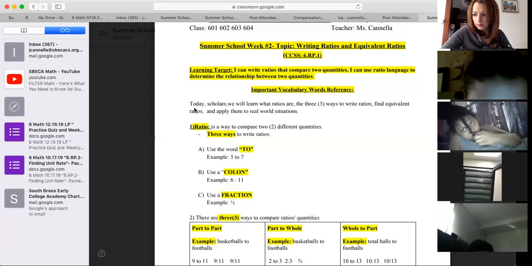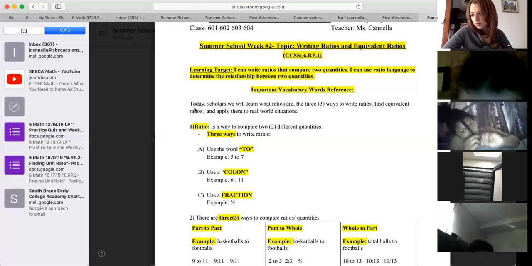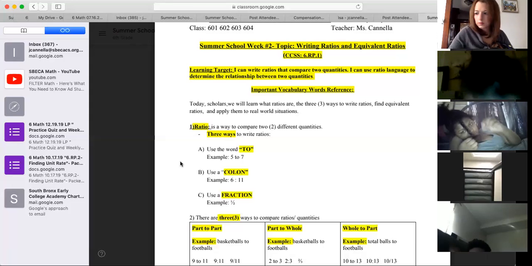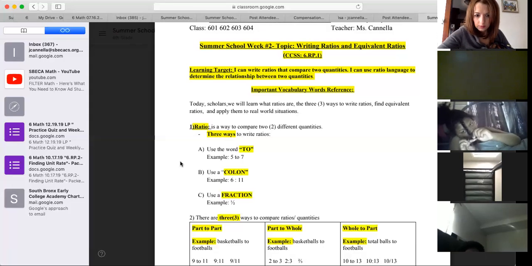Number 1, a ratio is a way to compare 2 different quantities. 3 ways to write ratios. A. Use the word to. Example, 5 to 7. B. Use a colon. Example, 6:11. C. Use a fraction. Example, 1/2.